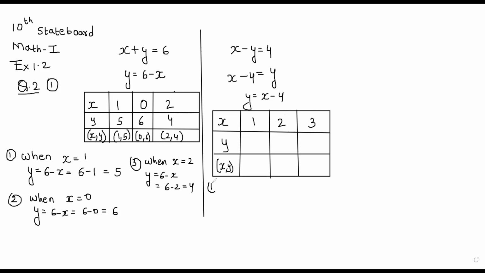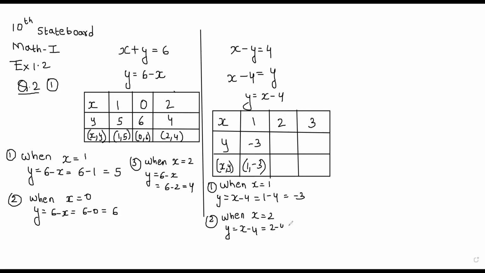Now, first substitution, when x is equal to 1, y is x minus 4, which is equal to 1 minus 4, which is equal to minus 3. The first coordinate is 1, minus 3. Second, when x is equal to 2, y is equal to x minus 4, which is equal to 2 minus 4, minus 2.